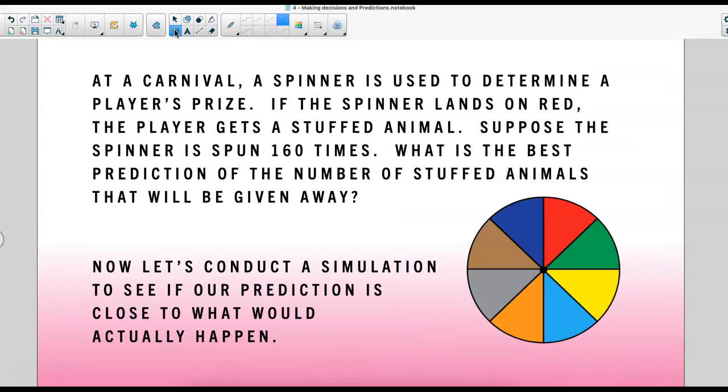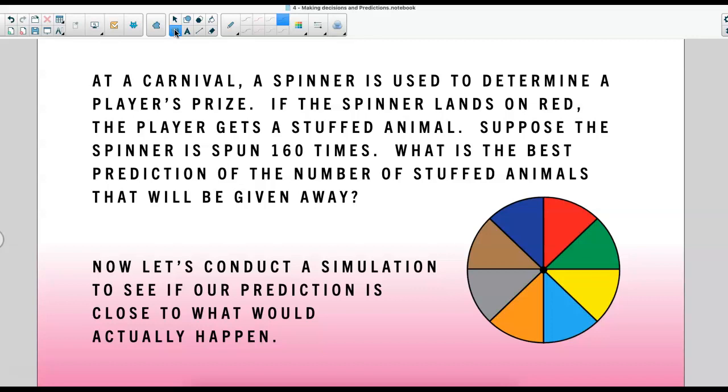At a carnival, a spinner is used to determine a player's prize. If the spinner lands on red, the player gets a stuffed animal. Suppose the spinner is spun 160 times. What is the best prediction of the number of stuffed animals that will be given away?